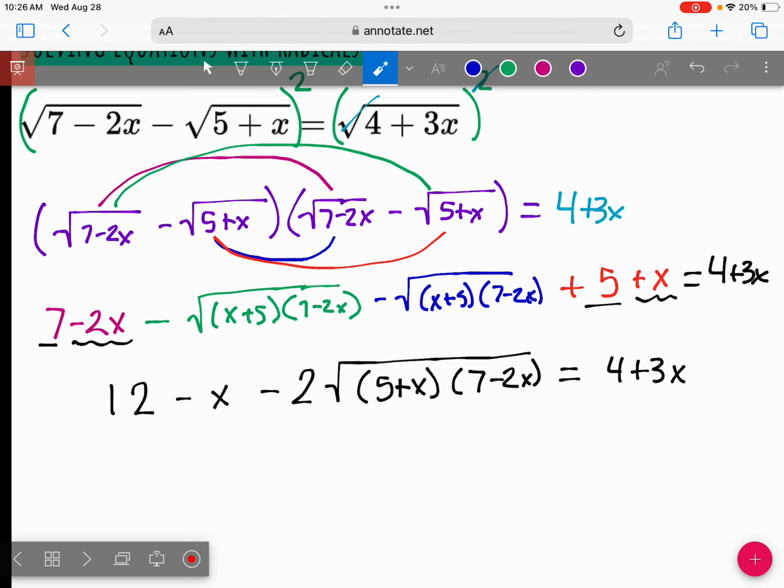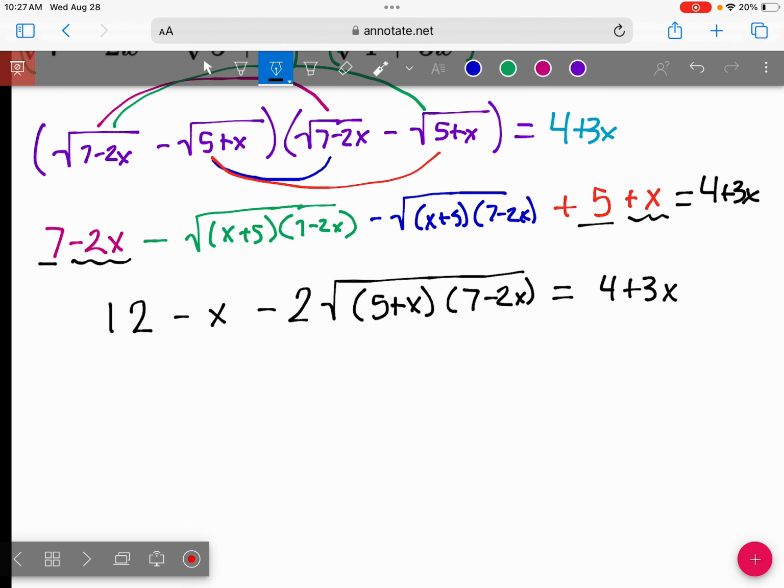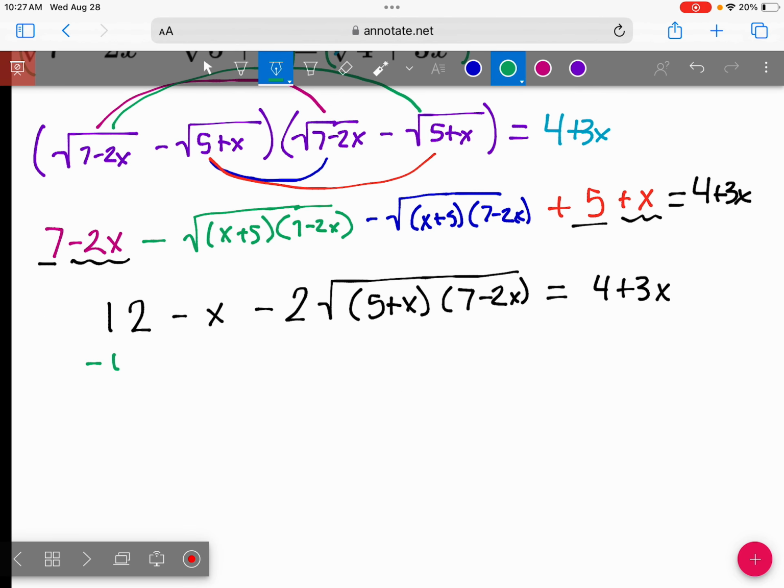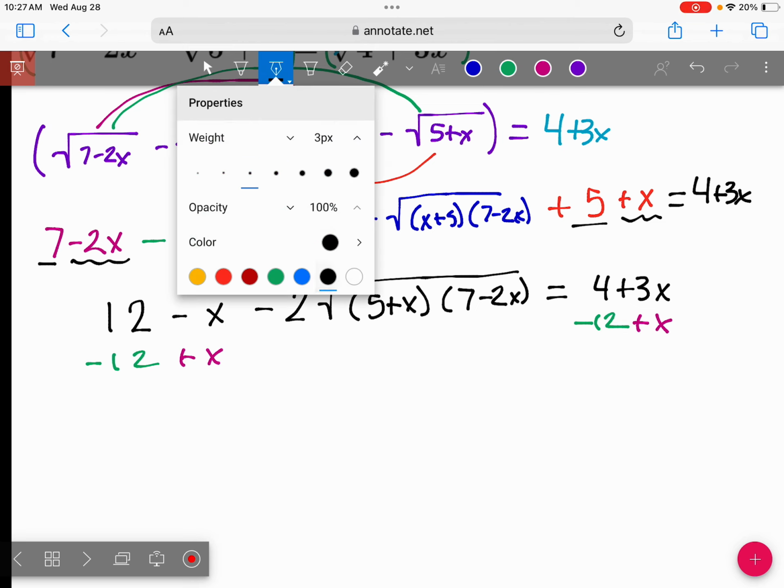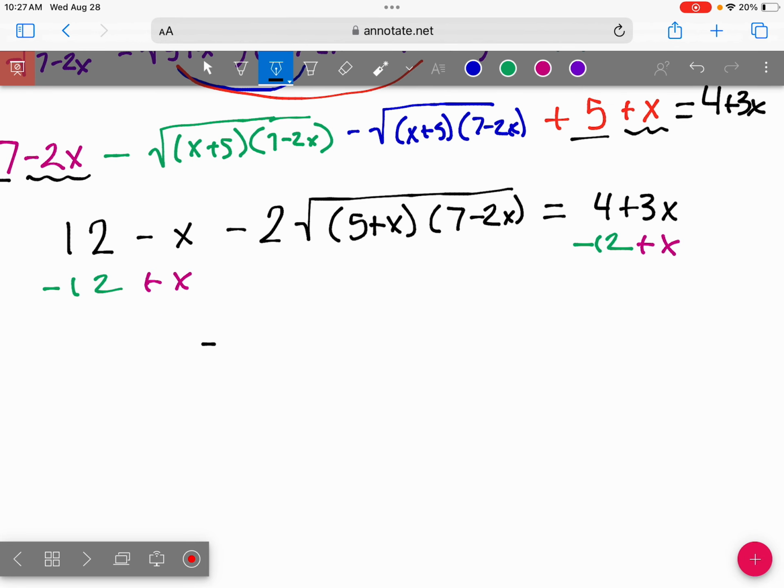We can't touch that -2 yet. Let's deal with our adding and subtracting first, and then we can see what we can do with that -2. So I'm going to start with subtracting 12 from both sides, and we're going to add x to both sides. So we have our -2 square root of a hot mess.